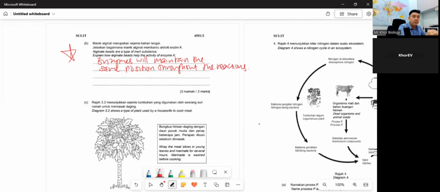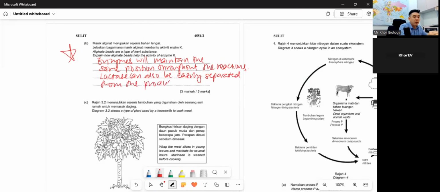Okay, from here, guys, lactase can also be easily separated from the products.